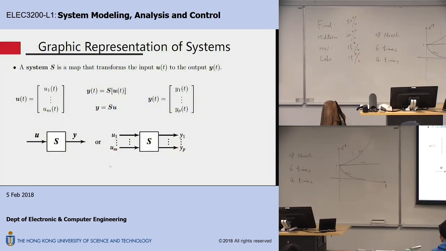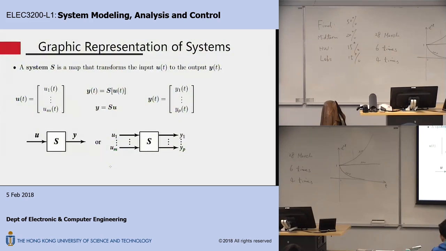This u is different from the earlier u. This is a bold u, darker and thicker. We use a darker, thicker symbol to denote a vector signal. Similarly for y, you have a bold y.